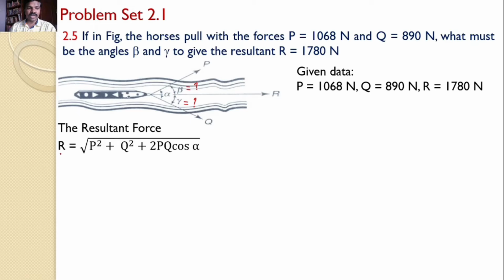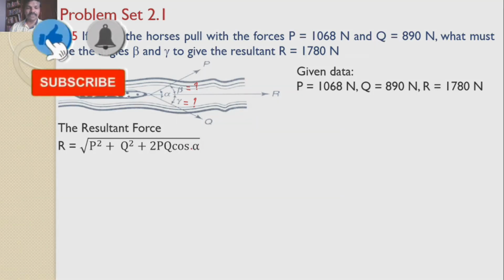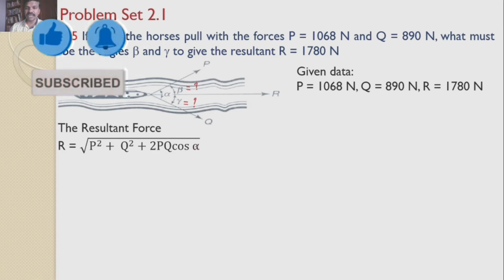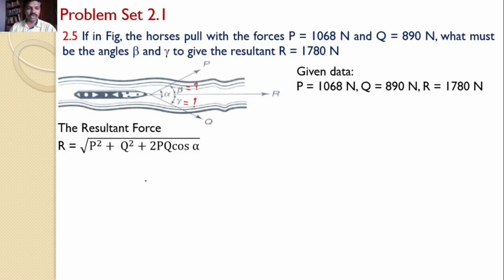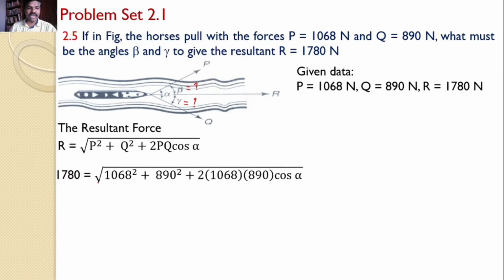In this equation, the R value, P value and Q value are given. The alpha value is unknown, so there is only one unknown in this equation. Let us substitute the values: 1780 is equal to square root of 1068 squared plus 890 squared plus 2 into 1068 into 890 into cos alpha.